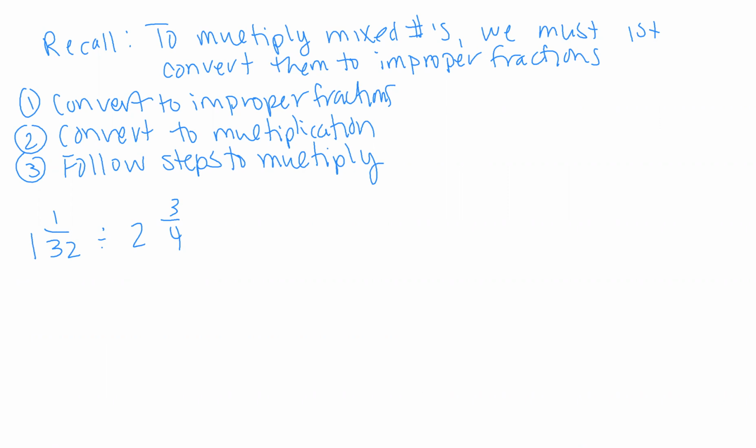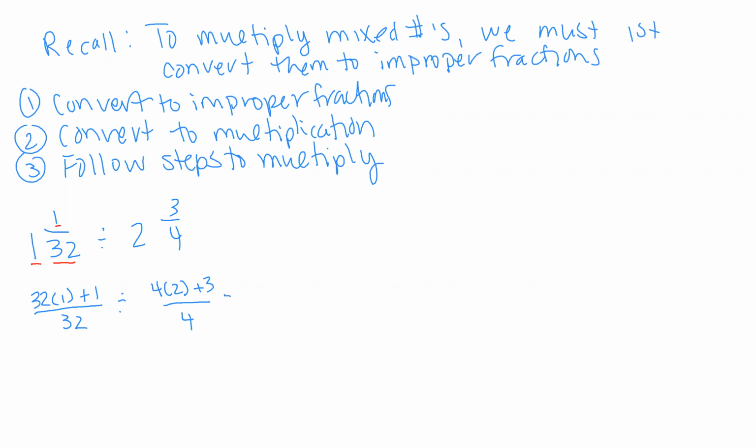Now, hopefully you remember that you take your whole number, multiply it by your denominator, and then you add the numerator, keep the original denominator. So 32 times 1 plus 1 over 32. And then over here we get 4 times 2 plus 3 over 4.